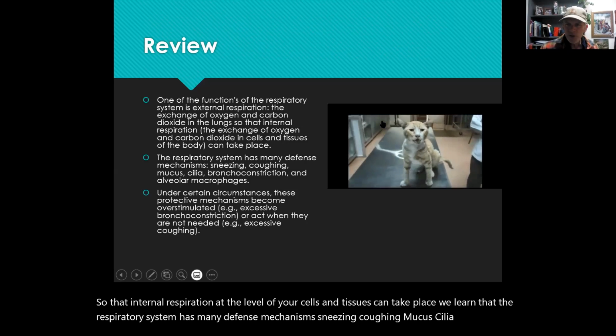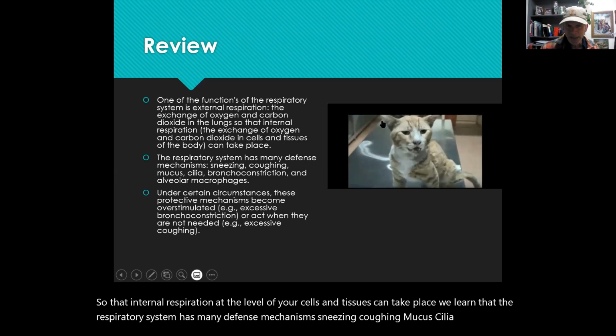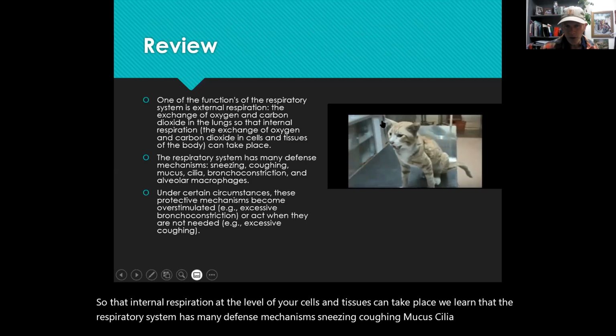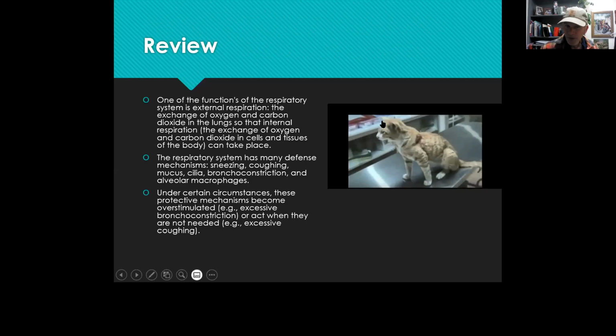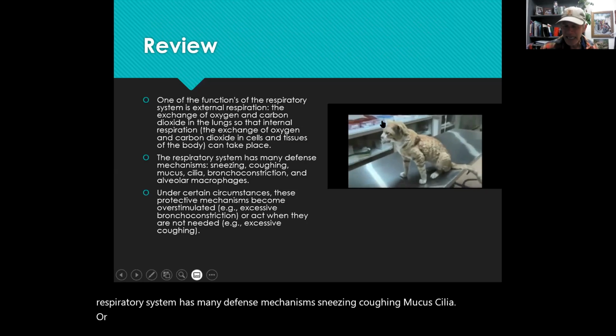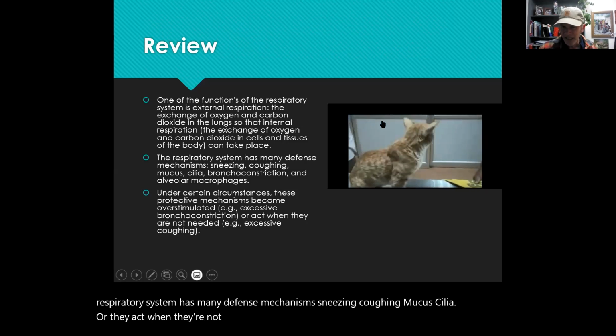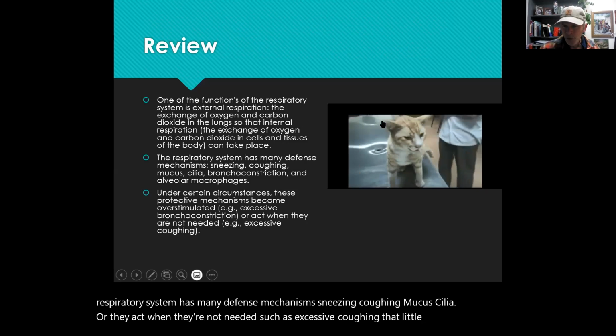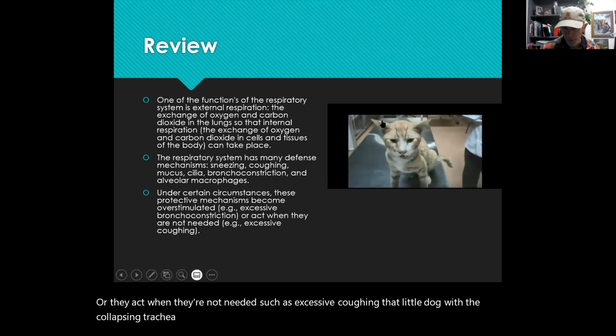And we learned that under certain circumstances, these protective mechanisms become overstimulated. For example, excessive bronchoconstriction, or they act when they are not needed, such as excessive coughing. That little dog with the collapsing trachea does not need to cough so much.